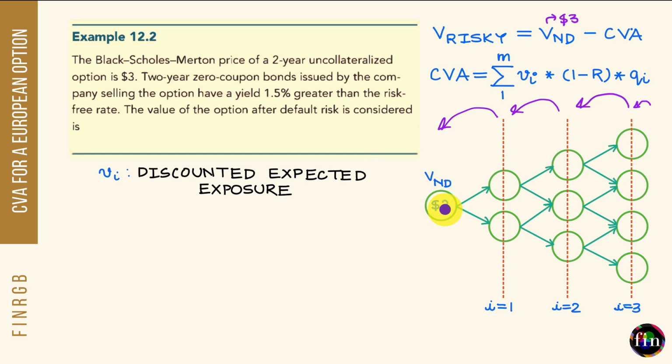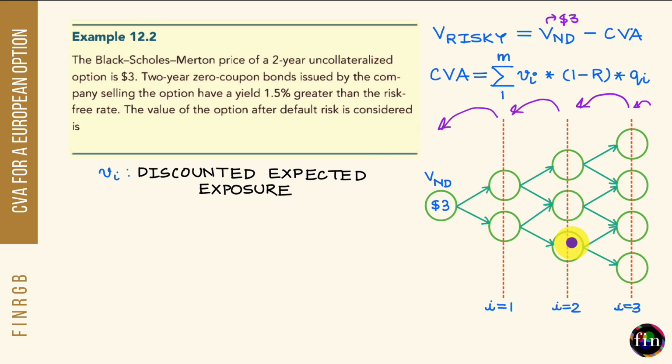Let me assume that the final value of the option, the VND, which comes from this binomial tree, exactly matches the value which we have from the Black-Scholes-Merton model, and that is $3. Now let's say I have to find the discounted expected exposure, which is my lowercase v, for this time slice, the time slice for which i is equal to 2.